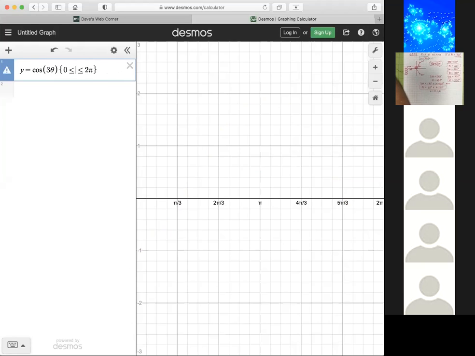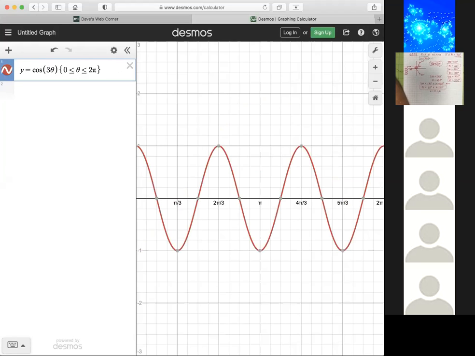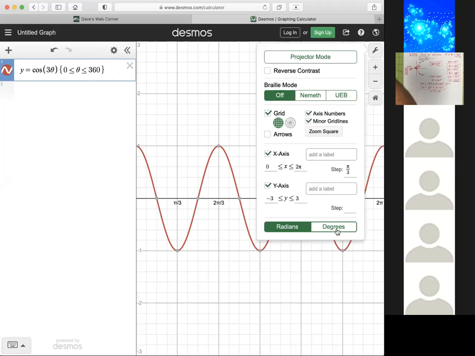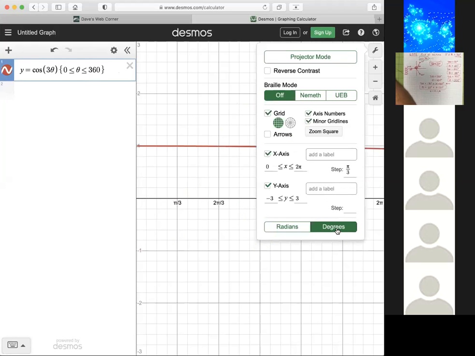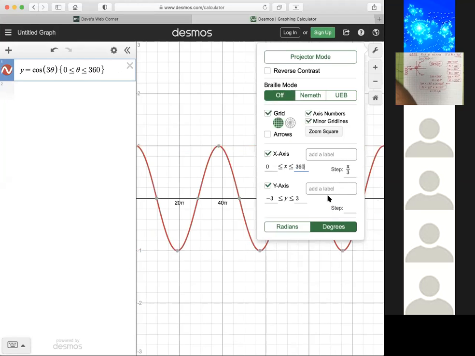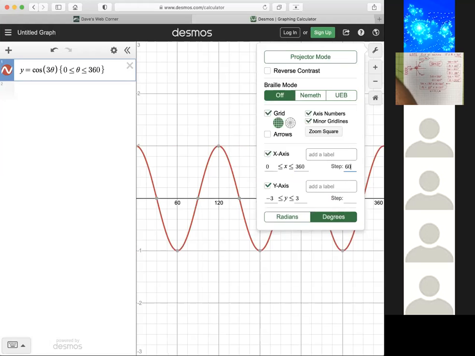Sometimes Desmos objects when you use another letter. Let's run this 0 to 360. We did try to write in degrees last time in Desmos, and it was okay as long as I hit this degrees button and describe my degrees from 0 to 360. And let's describe my step sizes every 60 degrees.